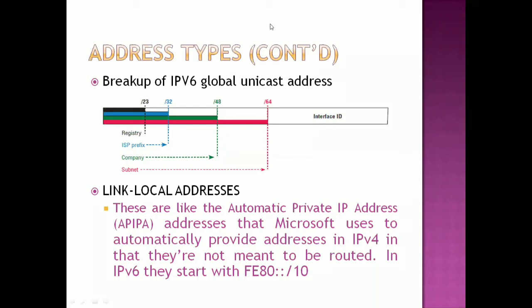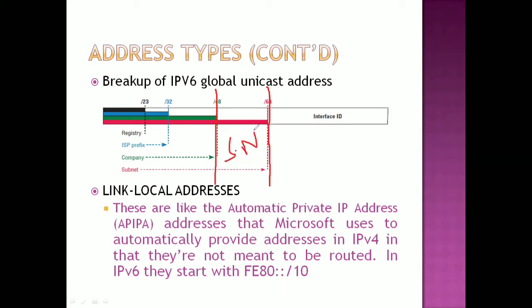Basically, the unicast global addresses or the public IP addresses are divided into different fields. As I have told you, the starting 64 bits are the network portion. In this network portion, these 16 bits, that is 48 till 64, are the subnet bits. This is your subnet, and this is your interface ID.